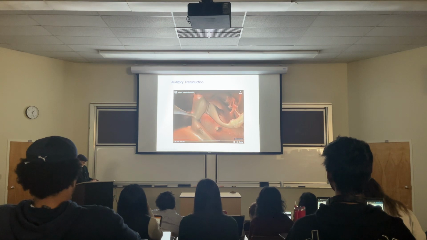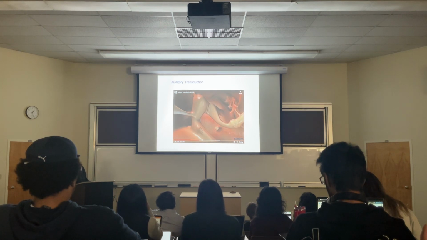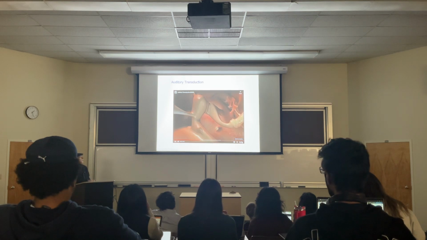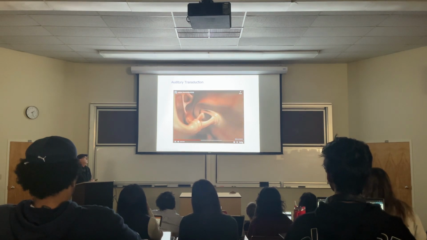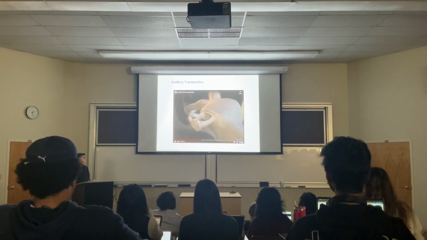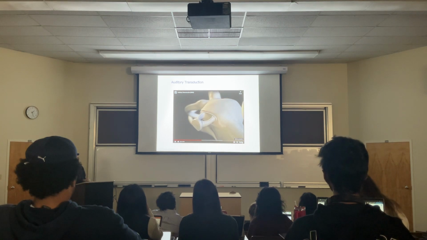Through the ossicles, the vibrations of the tympanic membrane are transferred to the footplate of the stapes. The stapes moves with a piston-like action, which sends vibrations into a structure called the bony labyrinth.